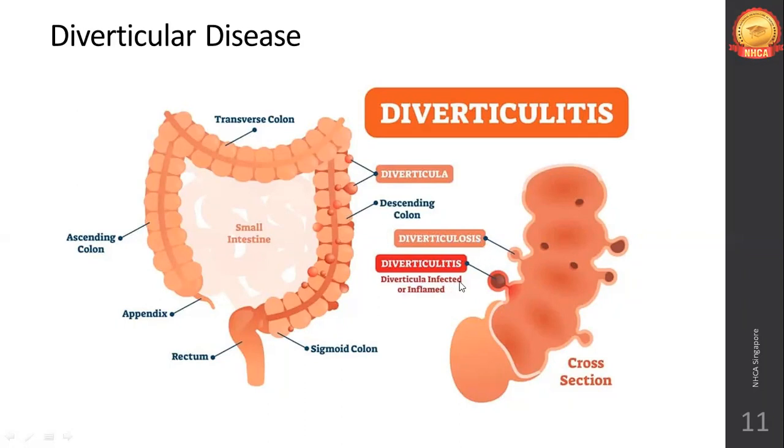Itis means inflammation, infected and inflamed. So this is the diverticular disease. Two types of diverticular diseases there: diverticulosis and diverticulitis. Diverticulosis is the simple outpouching. It is harmless, but it has the potential of turning into an infected and inflamed diverticula.